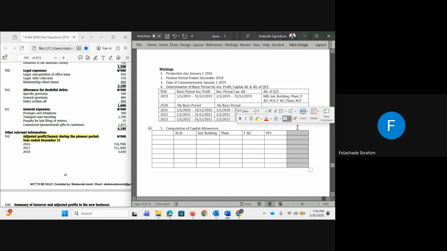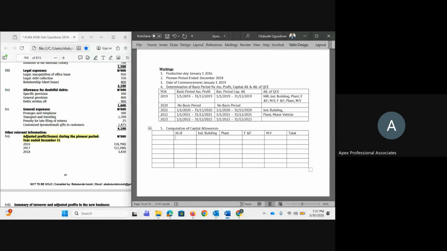But for pioneer, the assets during the pioneer period do not suffer capital allowance in the pioneer period. We are assuming that the assets are purchased in the post-pioneer period. So yes, you are right to say we combine them, but the right word is that we are ignoring capital allowance during the pioneer period and bringing all of them to the post-pioneer period. Does it make sense now? Yes. Okay.